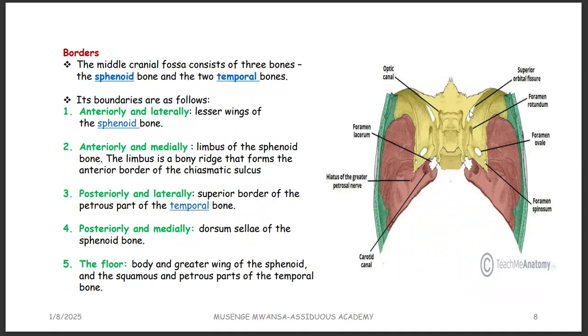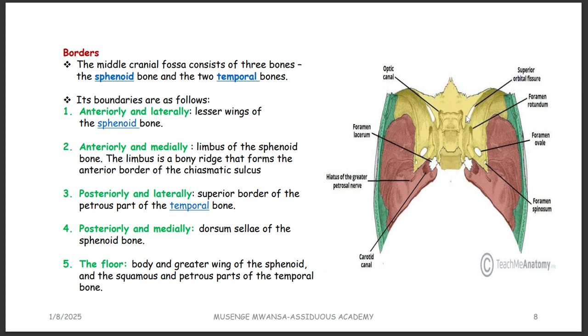You can see we have got this big opening on the side that's known as the superior orbital fissure, and then we have got the foramen rotundum, foramen ovale, and foramen spinosum. So to know these three foramina, you can use the simple mnemonic ROS, ROS. So starting from anterior going posterior: foramen rotundum, foramen ovale, foramen spinosum.